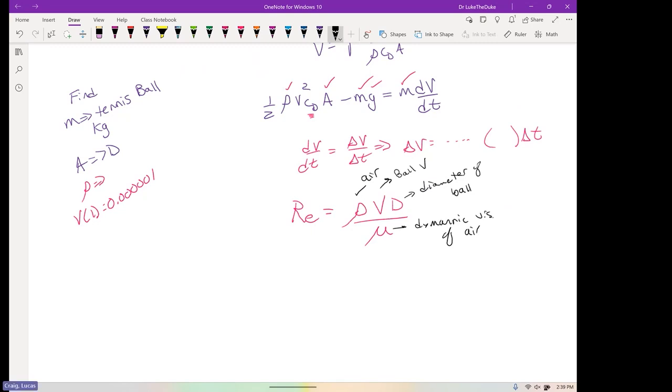I can't remember. Actually, I'll probably give you those and you could check them. I have that. Yes. So mu you can use 1.8 e to the minus 5. The units are pascals.